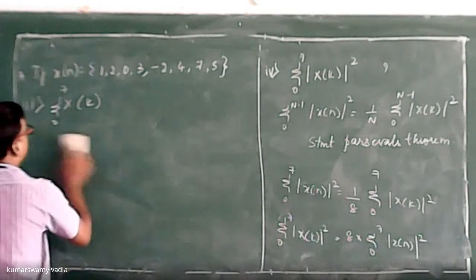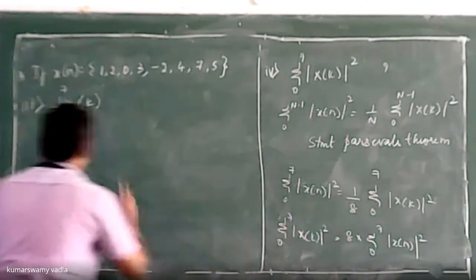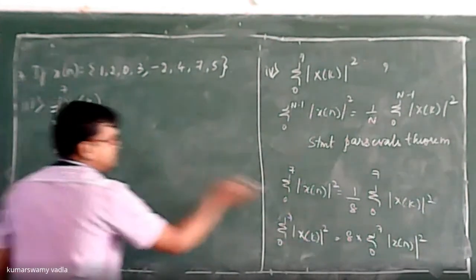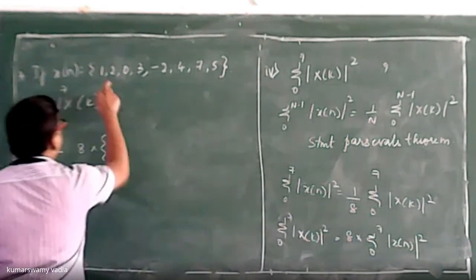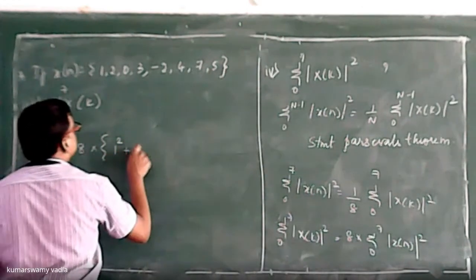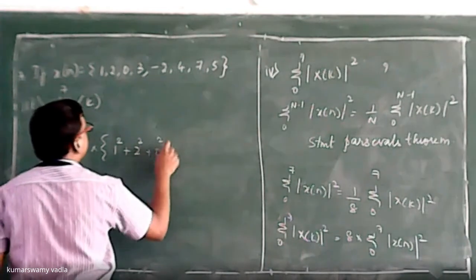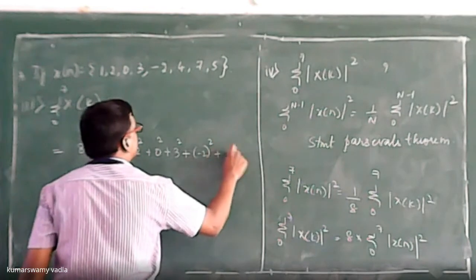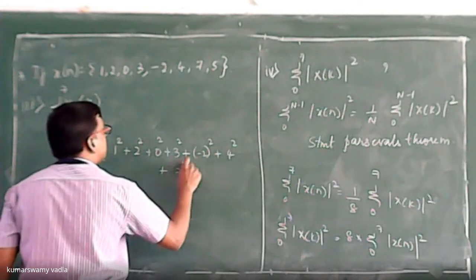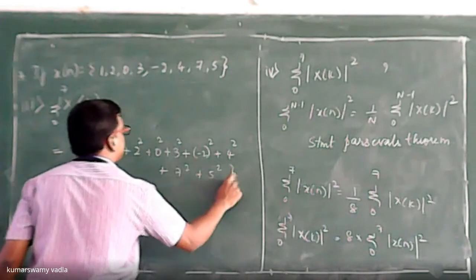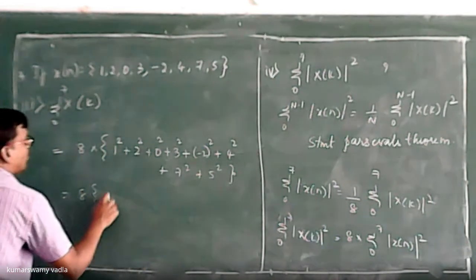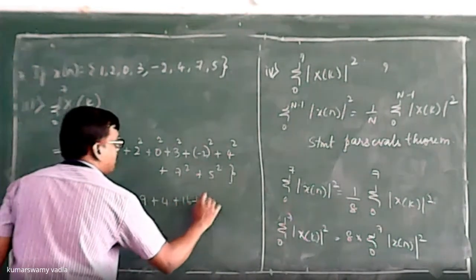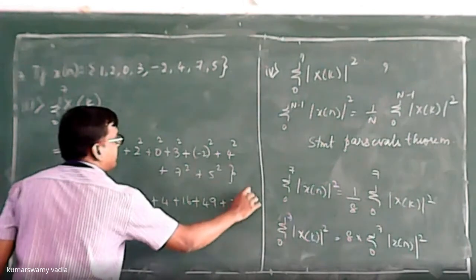Now, this is equivalent to 8 into the summation of squares: 1 square plus 2 square plus 0 square plus 3 square plus minus 2 square plus 4 square plus 7 square plus 5 square. So 8 into 1 plus 4 plus 9 plus 4 plus 16 plus 49 plus 25.